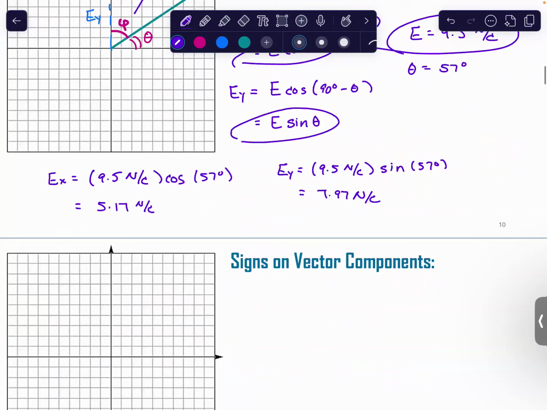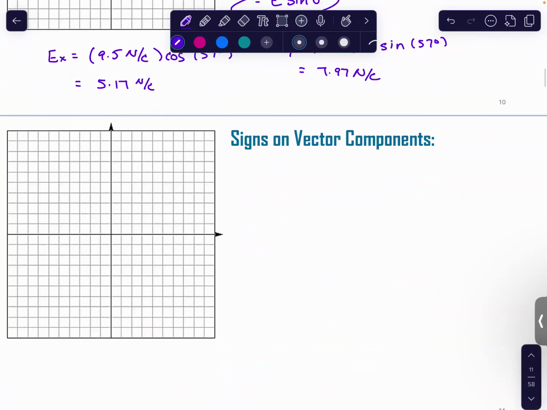So just for fun, let's look at a vector in another quadrant. Let's put one over here.